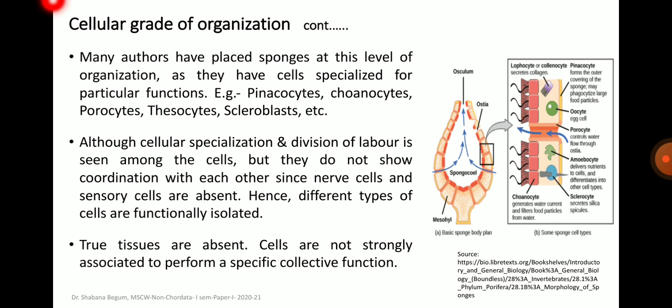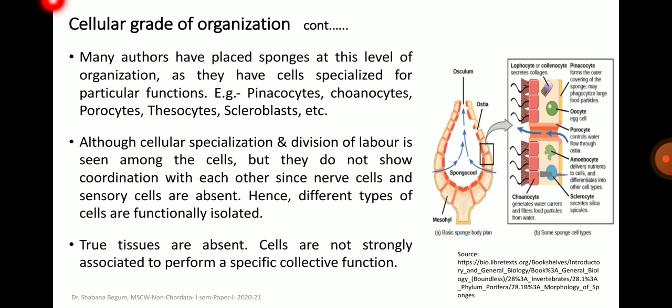In this diagram you can see very clearly the various functions performed by different cells in the sponge body. The choanocytes, also called flagellated cells, generate water current and filter food particles from the water.